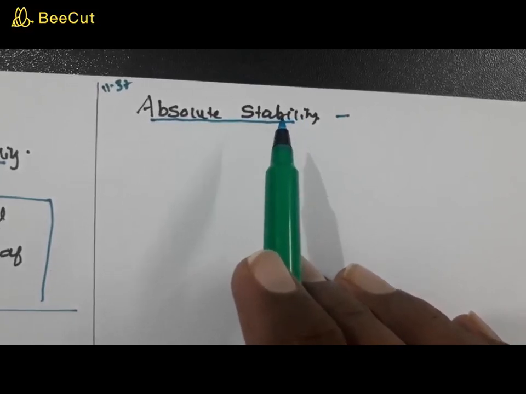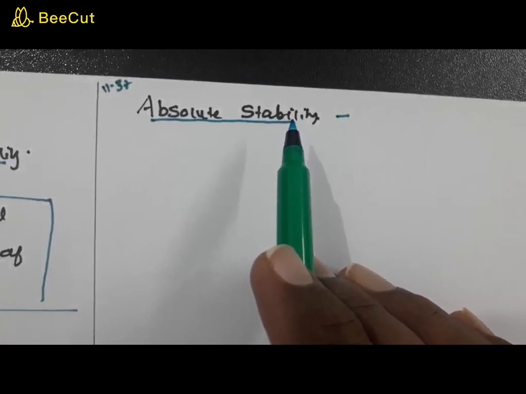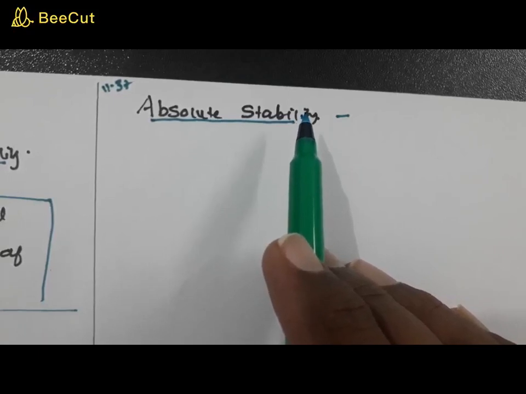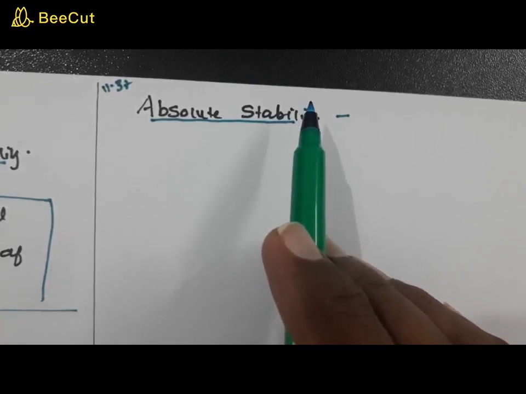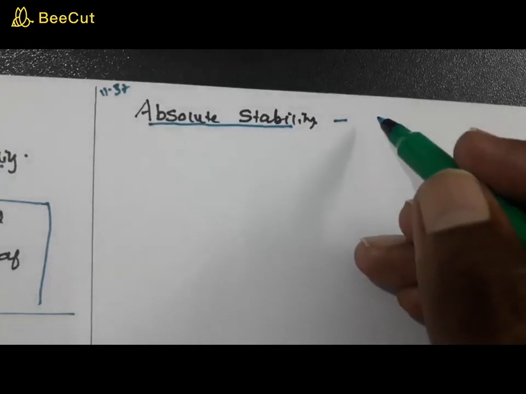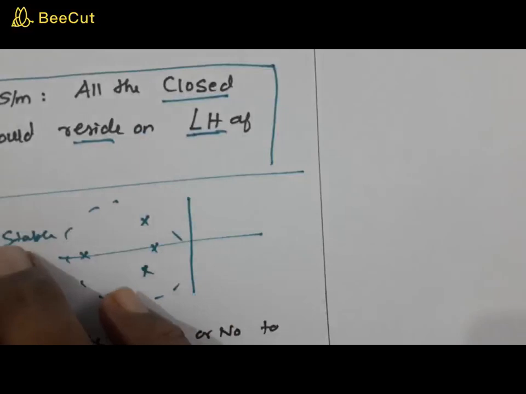As I just told you, absolute stability is a quantitative analysis and it will give you just a yes or no answer to the question, is the system a stable system? You will just get a simple piece of information whether the system is stable or not. Now, for finding out the absolute stability, it is required to find out the closed loop poles.